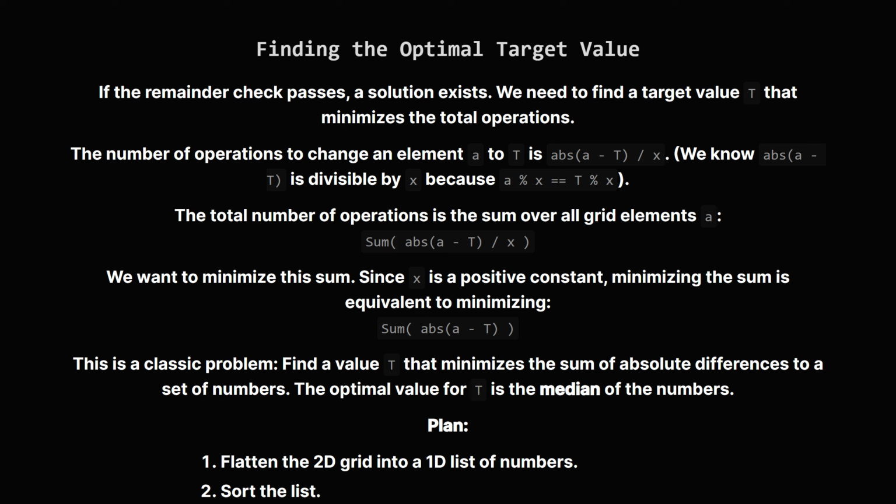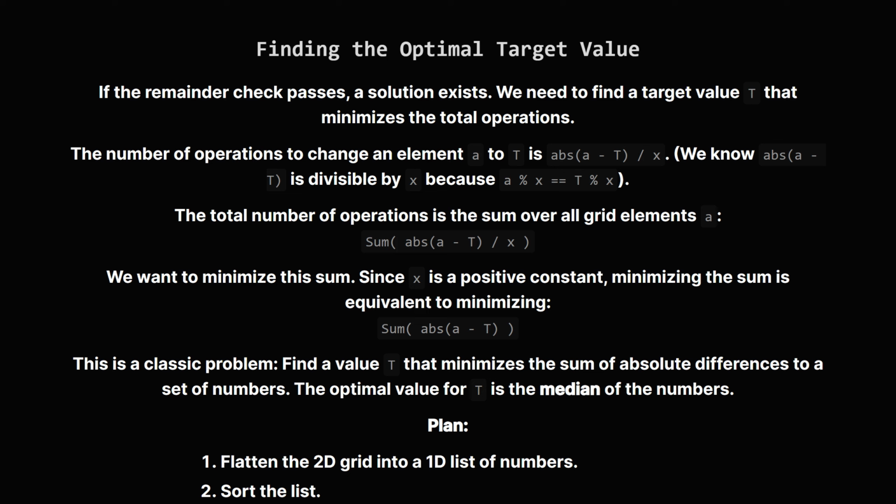For each element a in the grid, the number of operations needed to change it to t is the absolute difference abs(a - t) divided by x. Why? Because we know t and a have the same remainder modulo x, their difference t - a, or a - t, must be a multiple of x. So abs(a - t) divided by x gives the exact number of additions or subtractions needed.